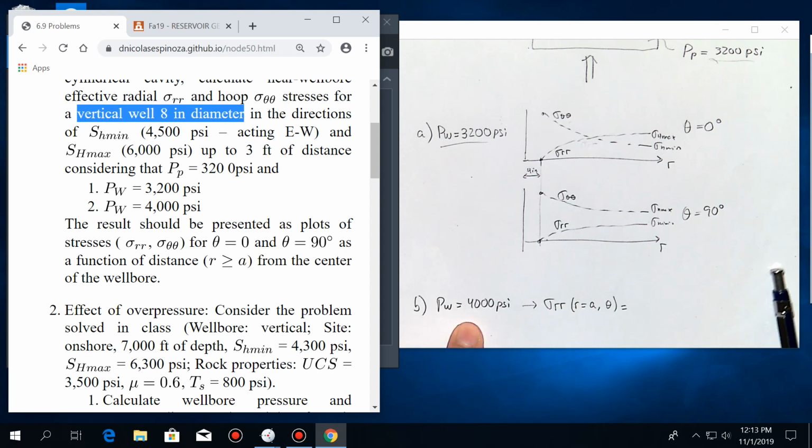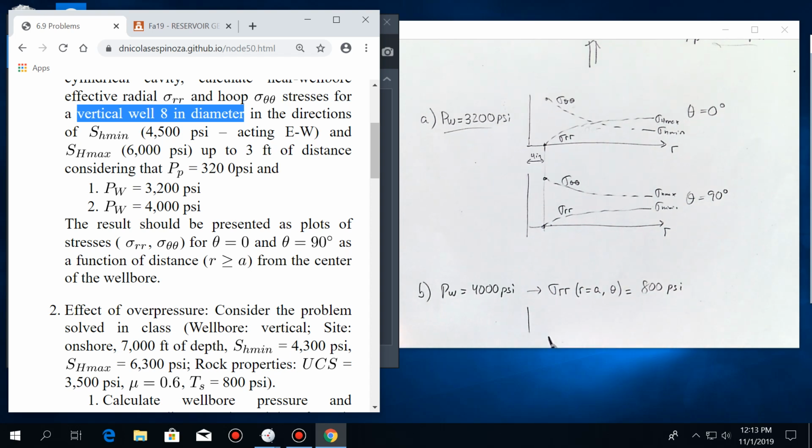So it's going to be 4,000 minus 3,200, 800 psi. And we're going to see that for shear failure, this is good. That's why we use drilling mud, because it adds support to the rock and makes the rock stronger. So for case B, you're going to repeat the same, the plot of stresses as a function of R and as a function of theta.